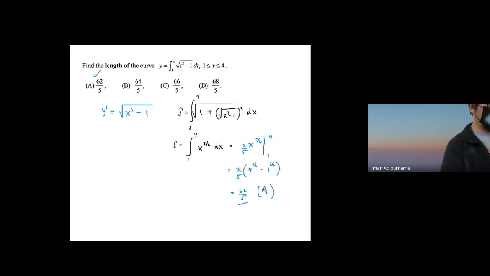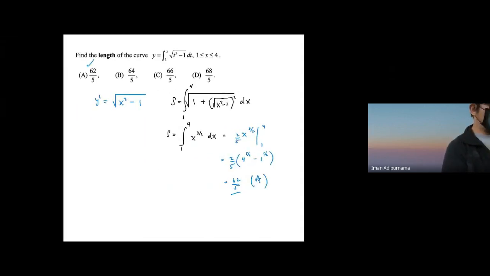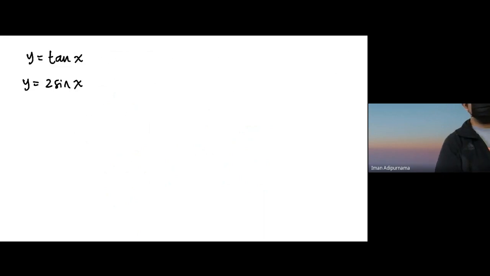Okay, yeah, this is the same. Before the next question that I prepared, maybe I'll review some parts of yesterday's quiz. I think I'll start with the first one. You have tangent. The second curve is 2 sine x, and the interval is from negative pi over 3 to pi over 3.